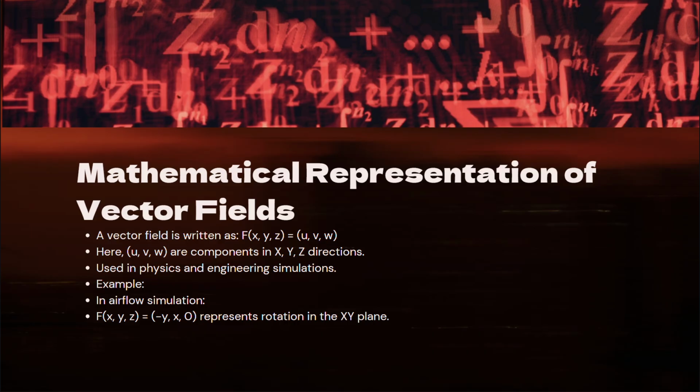If we take F of x, y, z equal to (-y, x, 0), this represents a rotation around the z-axis in the xy plane. This kind of representation is used in simulations like airflow over airplane wings, as we have already discussed in the above examples.